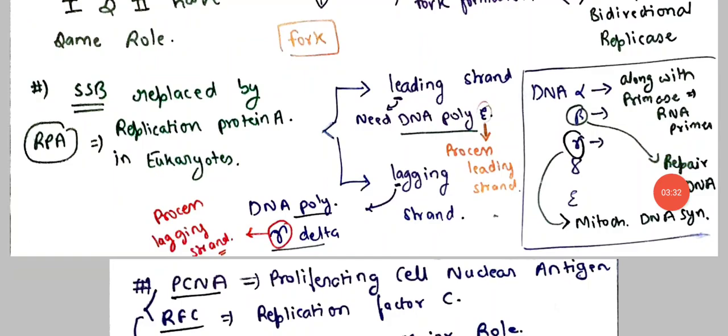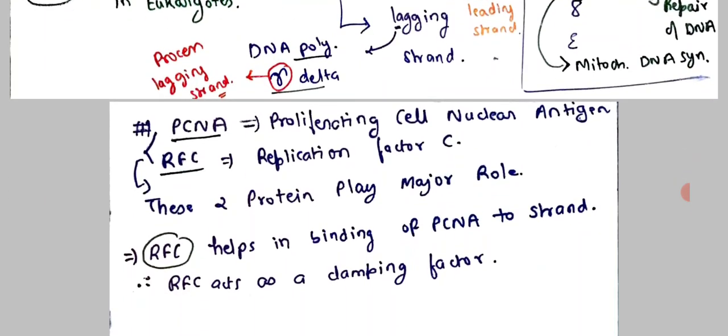Talking next, you can see here DNA polymerase alpha, along with the primase, forms RNA primer. Beta mainly repairs the DNA, and gamma plays a role in mitochondrial DNA synthesis. Delta plays a role in the lagging strand, and eta plays a role in the leading strand.